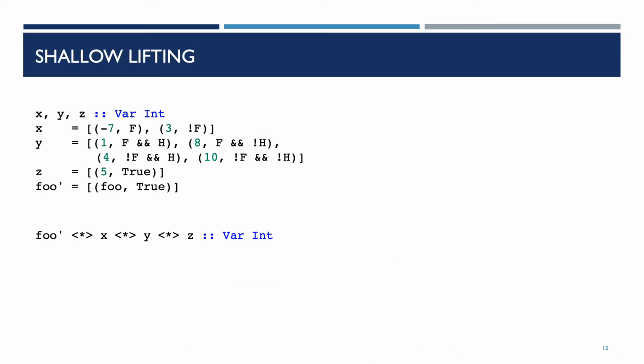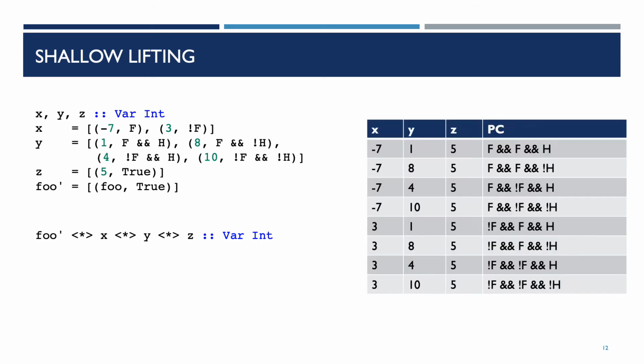So shallow lifting is all about taking functions as black boxes and using the lifted function application operator on lifted values. So in this example, all the lifted function application operator is doing is generating the cross product of the arguments, in this example x, y, and z.